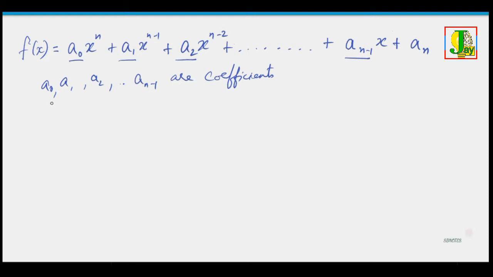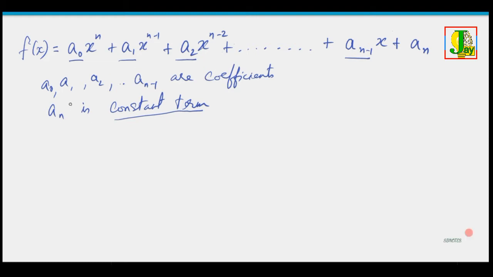And the last term is known as the constant term. Since there is no variable attached with this last term, this is known as constant term.